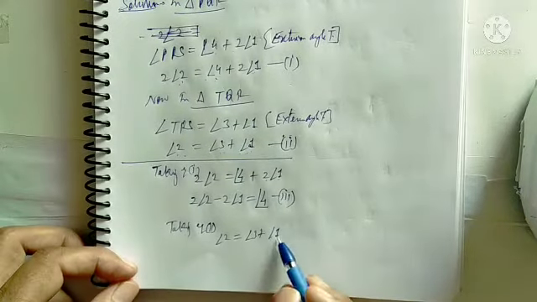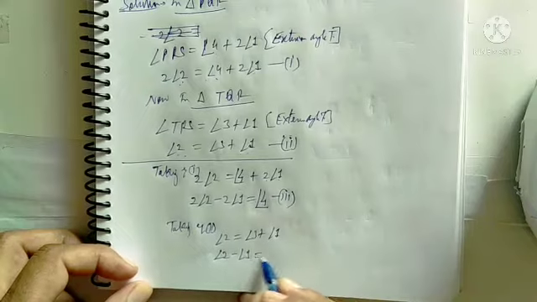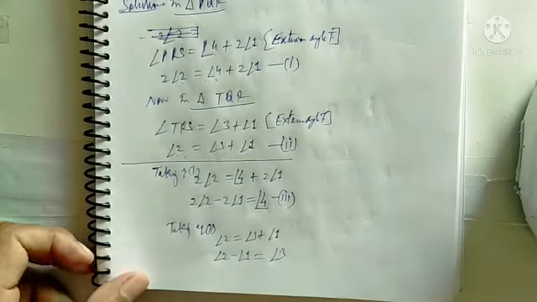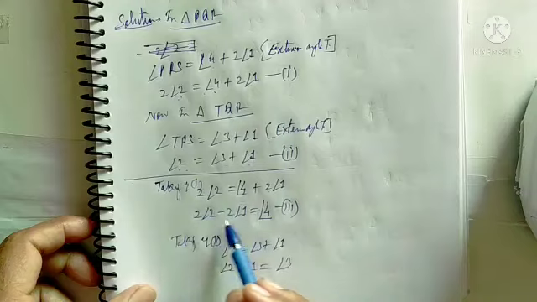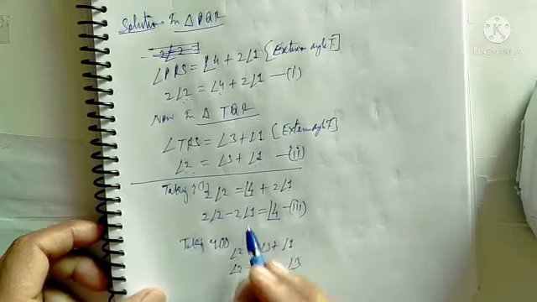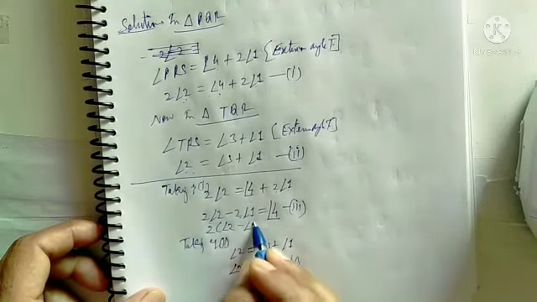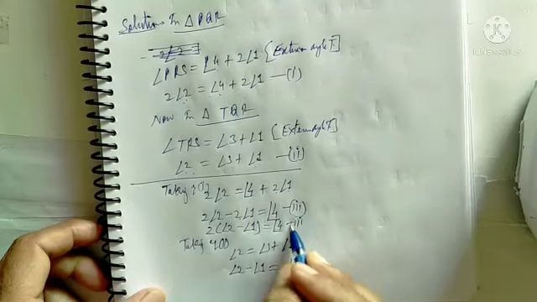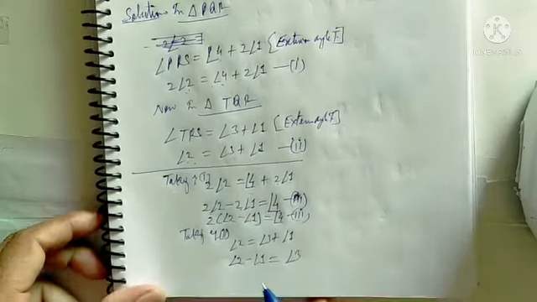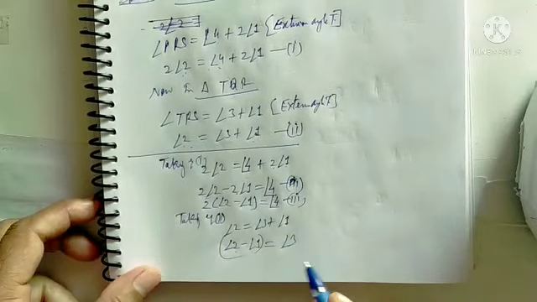Now here this angle 1 you should take to this side, transpose. So angle 2 minus angle 1 is equal to angle 3, isn't it? Now can you take 2 common from this equation 3? If you take 2 common, then what will we have here? 2 times angle 2 minus angle 1 is equal to angle 4. This is equation 3 actually. And here angle 2 minus angle 1 is equal to angle 3.